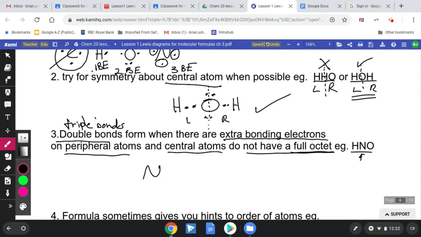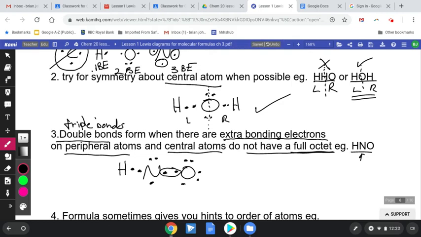And that also makes sense because nitrogen has 3 bonding electrons. It's got the most. So hydrogen on one side, that bond is done. Nitrogen still has 2 bonding electrons left. And oxygen, I'm going to put its lone pairs to the outside and its 2 bonding pairs neighboring nitrogen, so we can make that first bond.